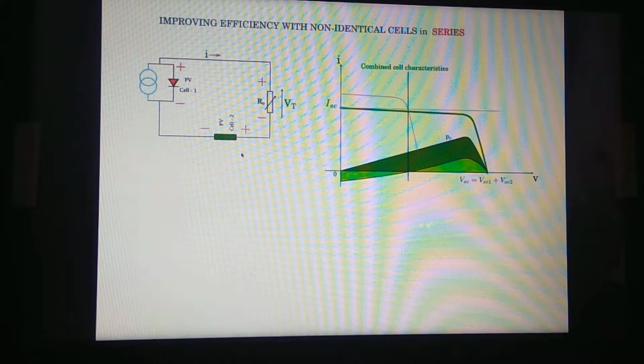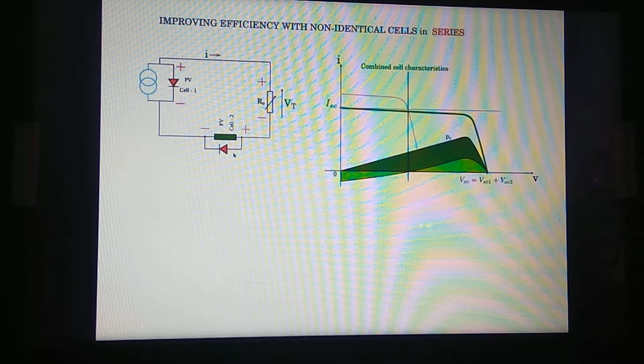This can be achieved by putting a diode across like this. So whenever the PV cell, in this case PV cell 2, reverses polarity and operates like a sink, we have plus and minus. So we have put a diode here, and the diode will get forward biased and conduct.